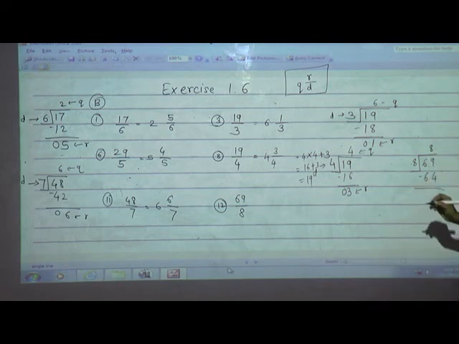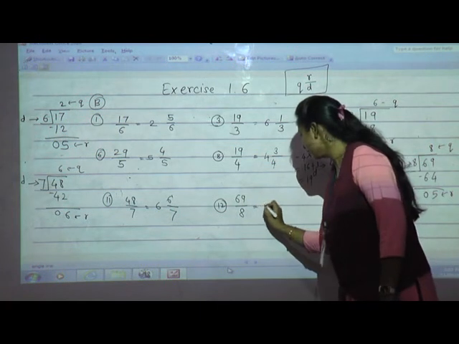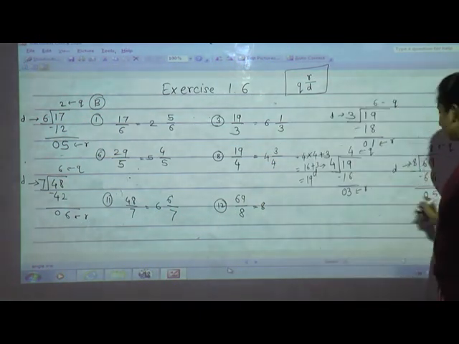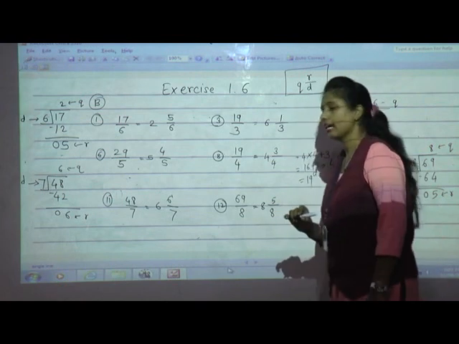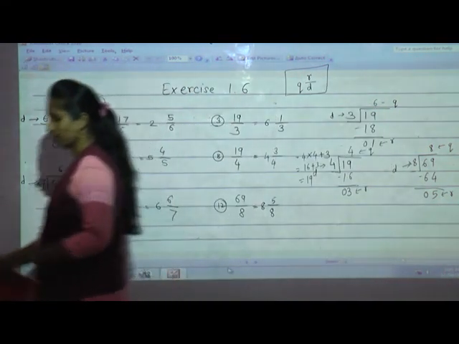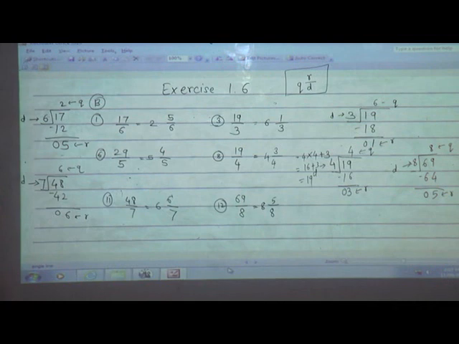See how tables are very important while doing any math sum. Now 9 minus 4 is 5. 6 minus 6 is 0. 5 is remainder. 8 is quotient and this is denominator. Now write quotient first, that is 8, and the remainder in the place of numerator and the denominators will remain as it is. Clear? Here we have solved B question.